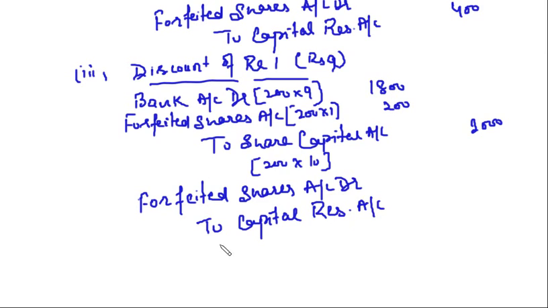How much amount? Total forfeited amount on 200 shares was 400. Out of this 400 we have utilized 200 rupees to compensate the discount on reissue. So what is left? 200 rupees. This 200 rupees is our capital gain and it will be transferred to capital reserve account.